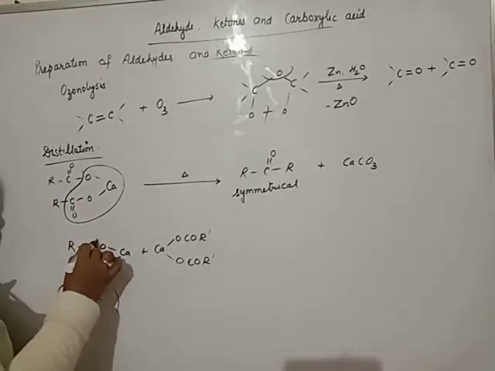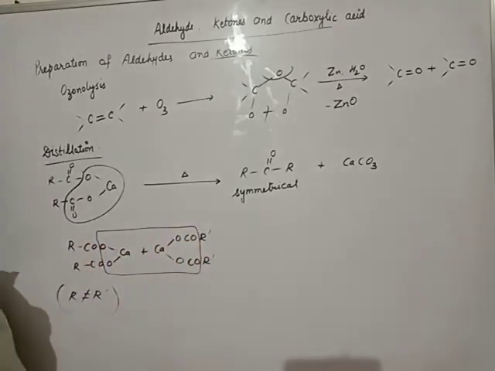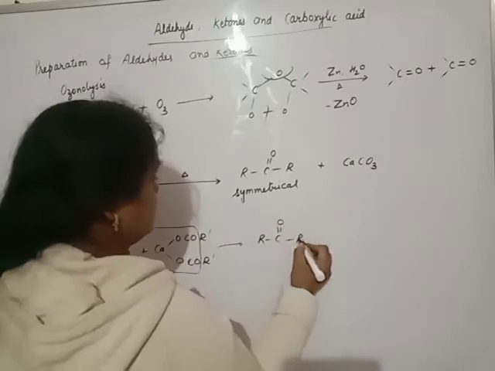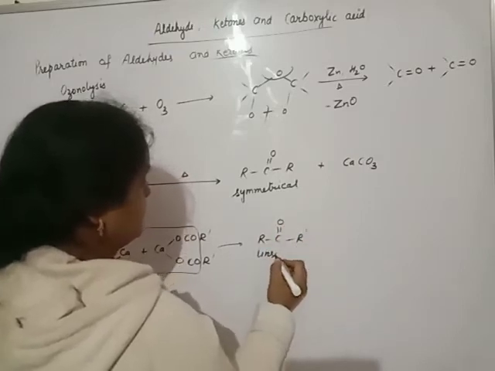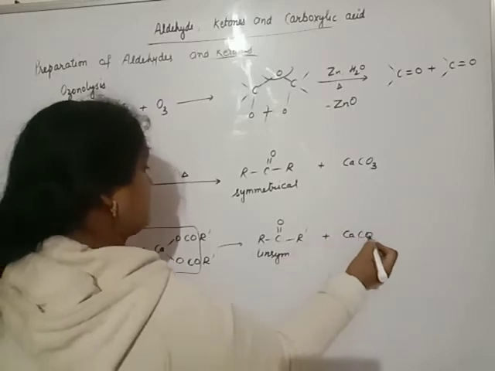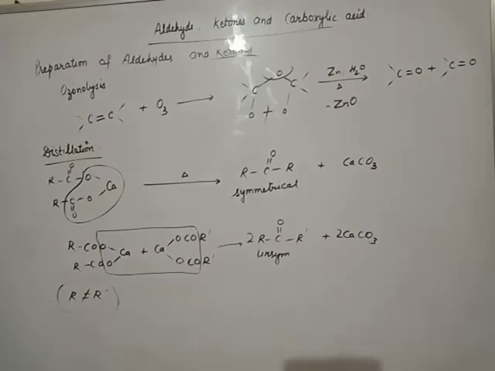Then two molecules will be used, and we will get an unsymmetrical molecule. Two moles of CaCO3. This is one of the methods.